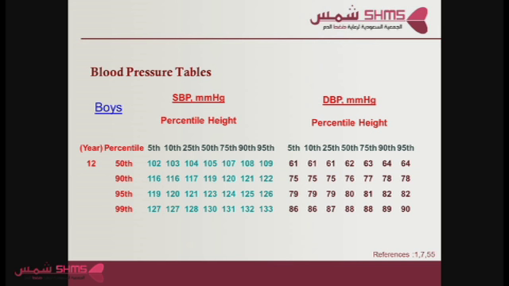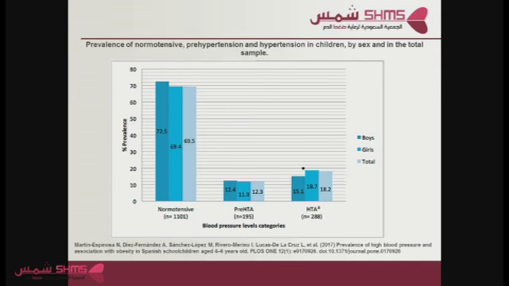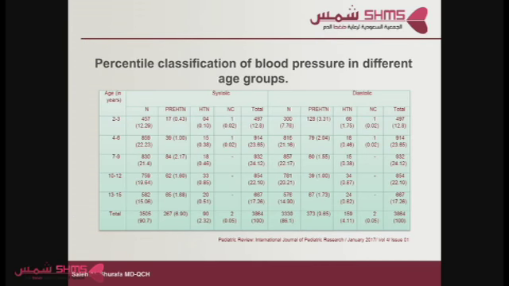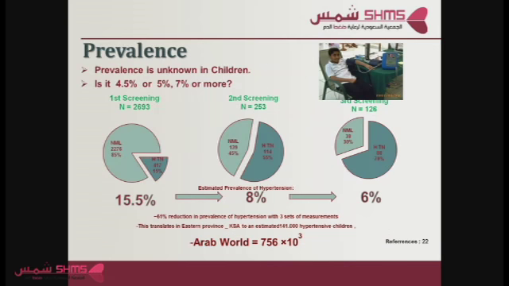So that's why we have to go to tables and centiles to define hypertension. And that's the major difference between pediatric hypertension and adult hypertension. For the sake of time, I will skip some of the slides.